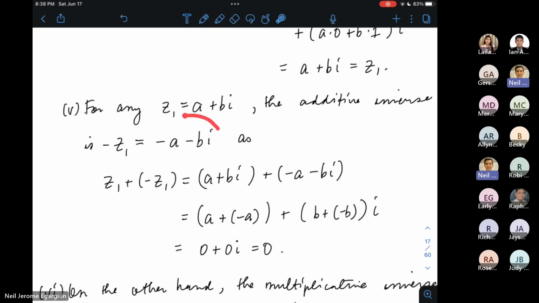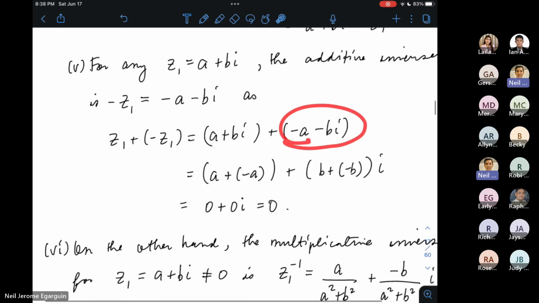It turns out that it is just the exact negative of the complex number. Right? So you just negate the real part, you just negate the imaginary part, and you will get the additive inverse. Because if you do so, Z1, our guess for negative Z1 is negative A minus BI, right?